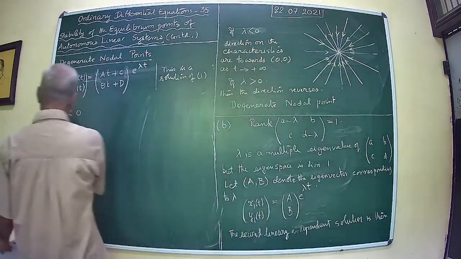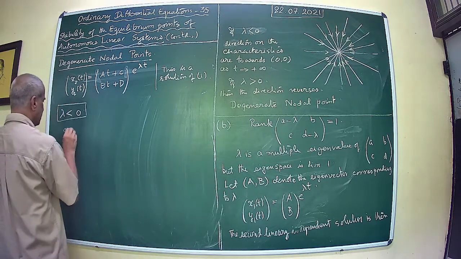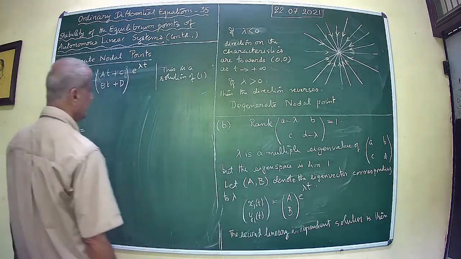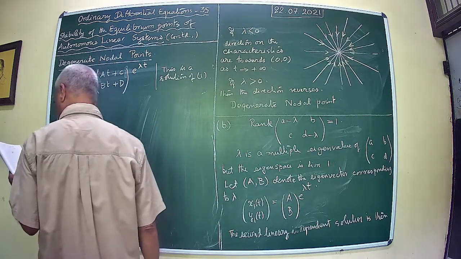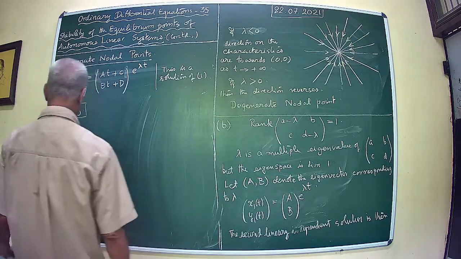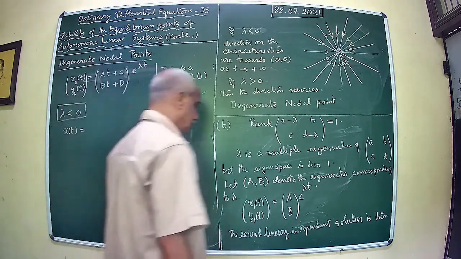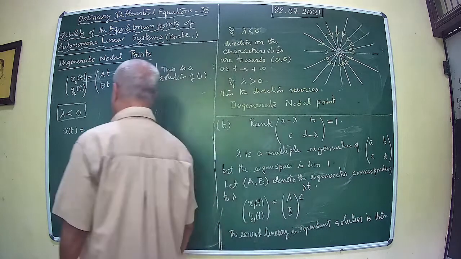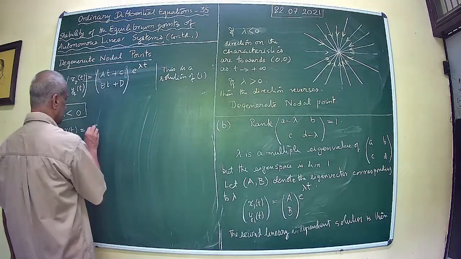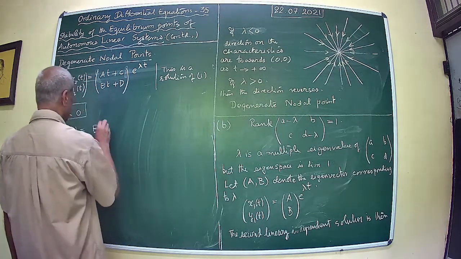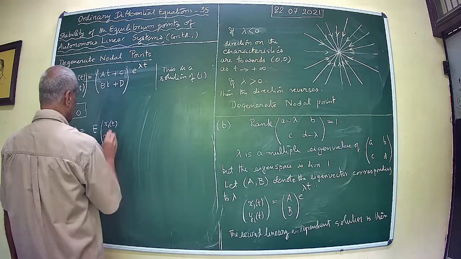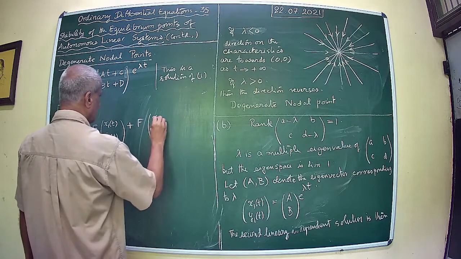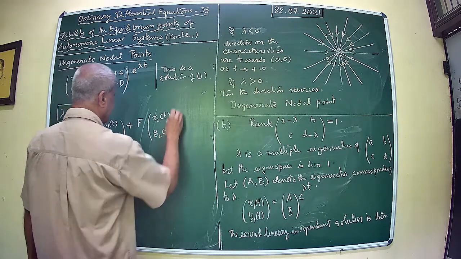So consider the case this is 0, then a general solution x(t) is of the form, let me write some other letters than A, B, C, D. E is a number, E times, where E and F are numbers.